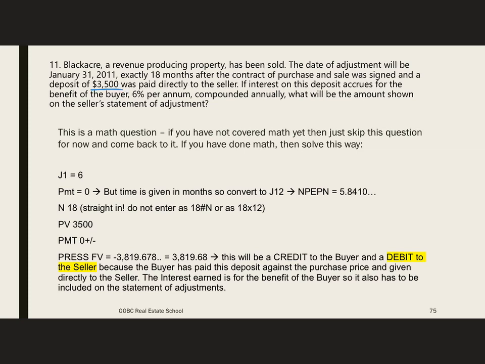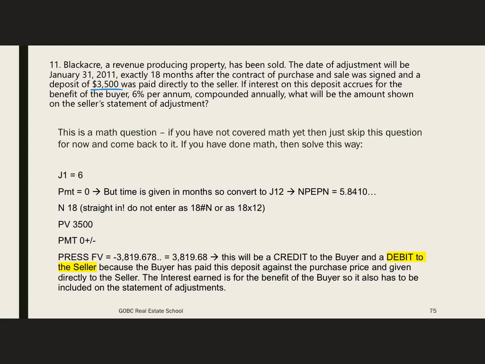It was paid directly to the seller, and it's saying that the interest on this deposit is going to accrue for the benefit of the buyer at 6% per annum, compounded annually, and it's asking what amount will show on the seller's statement of adjustment. So basically what they're asking you to do is to calculate the accrued interest. So this is like an accrued loan, right? Interest accruing loan calculation from your math.